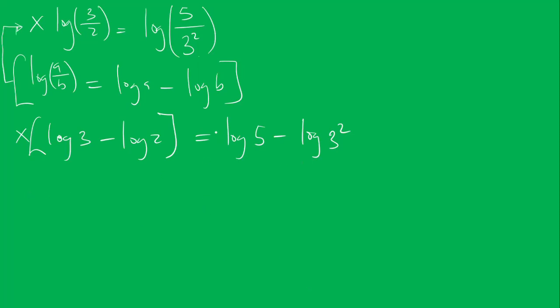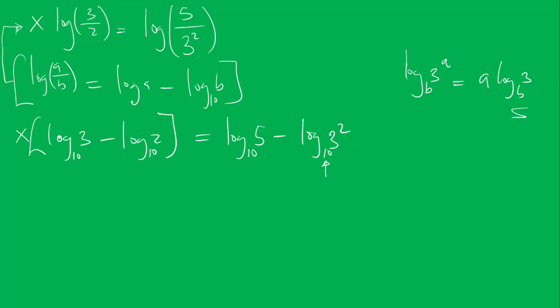Now, log of 3 to the power a, base b, is the same thing as a log 3 base b. The whole of this is to base 10. Although I didn't put the 10, this is to base 10.